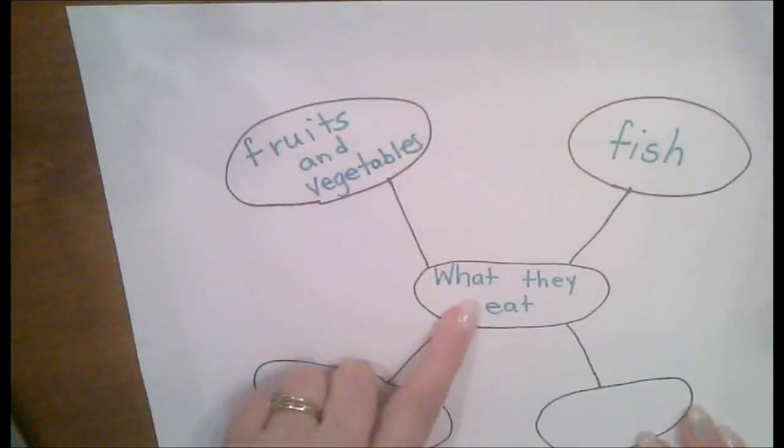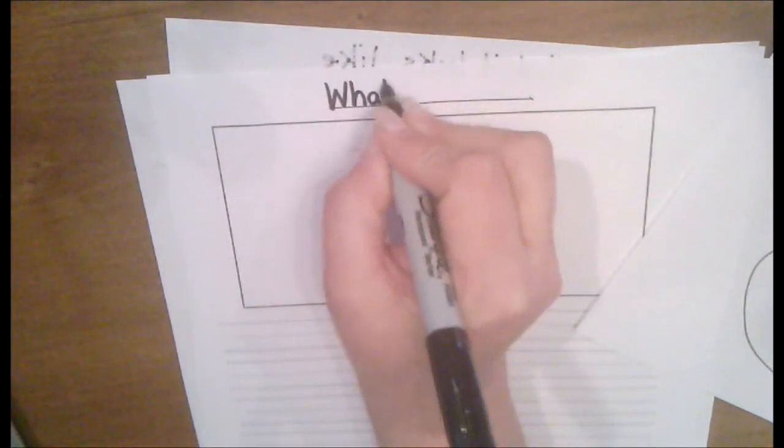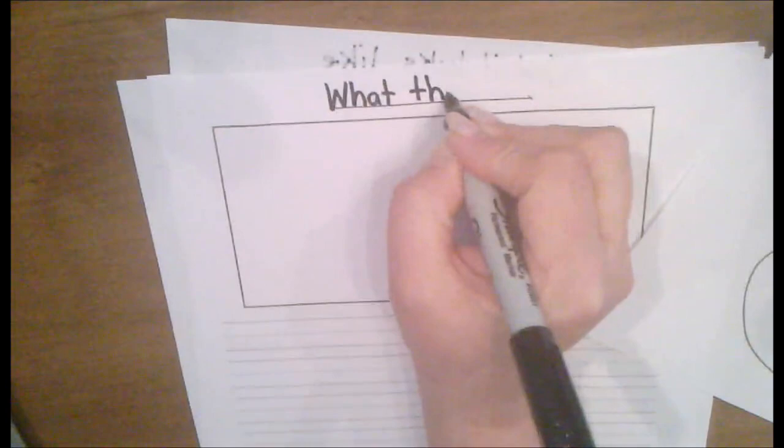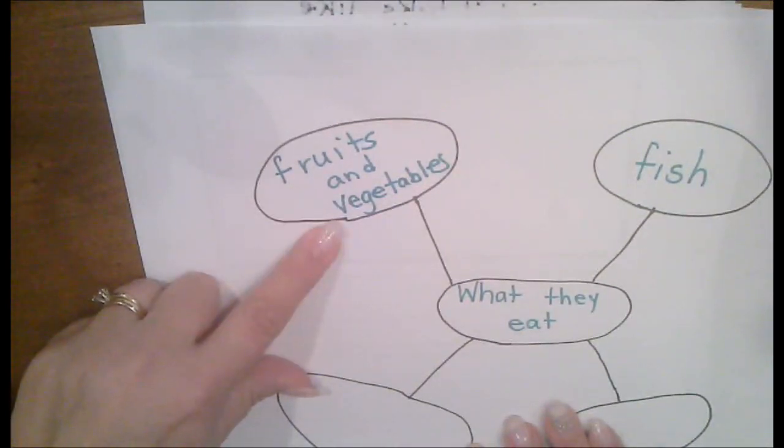Okay, my next page, I'm going to tell about my next web, what they eat. So at the top here, I'm going to write what they eat. Now I've got to use my web to get information. One thing they eat is what? Fruits and vegetables. So I'm going to write a sentence telling they eat fruits and vegetables.